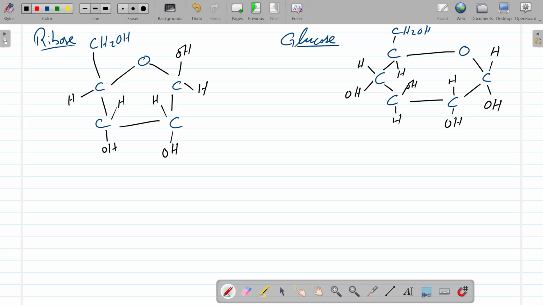Okay. Now, to make it easy, the carbon atoms are numbered, and they're numbered going clockwise, starting from oxygen. So the oxygen is obviously not carbon. You start from the oxygen and you start going clockwise and you start numbering them.